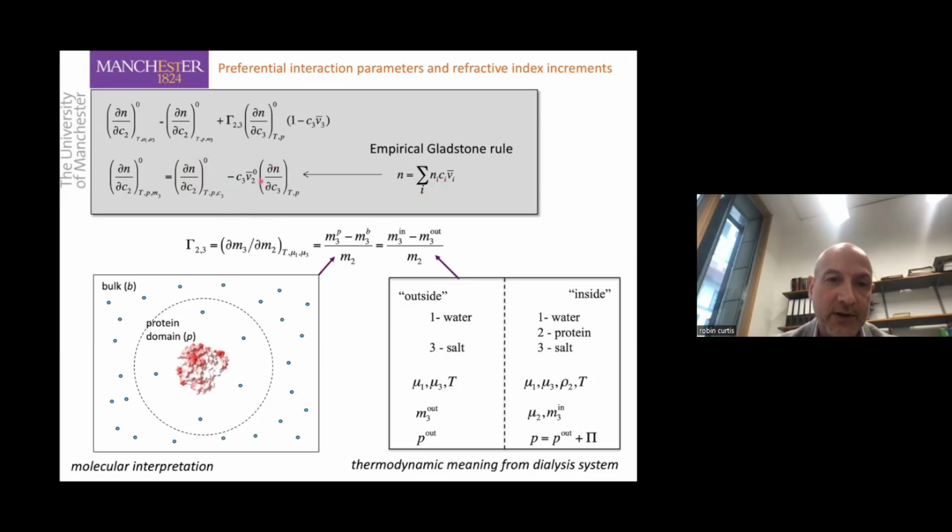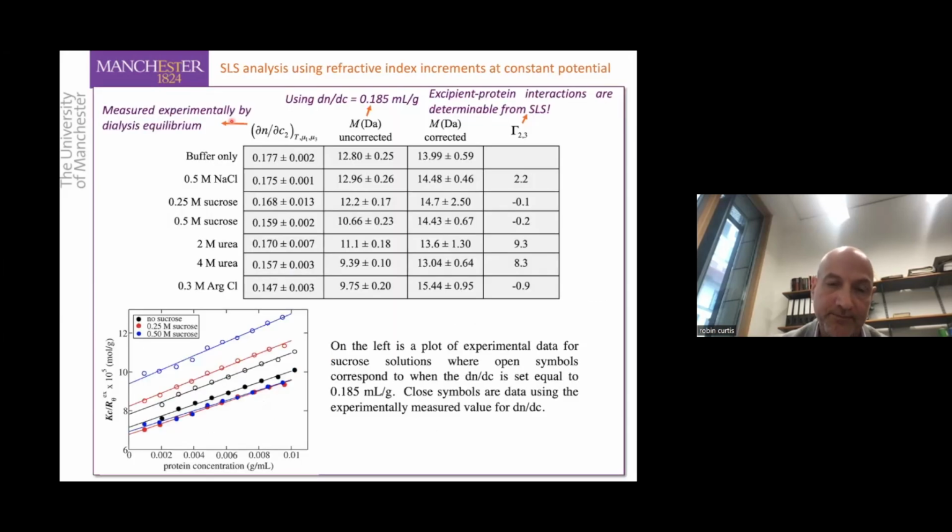Then you have a correction term to correct for the fact that one increment is at constant molality and the other is at constant concentration. What this allows us to do is, if we know this other one, we can then calculate the preferential interaction parameter.